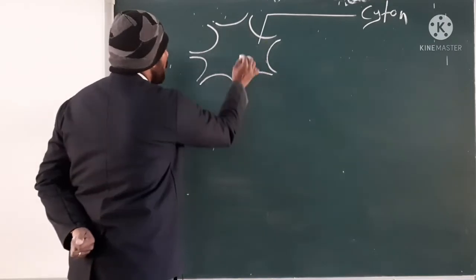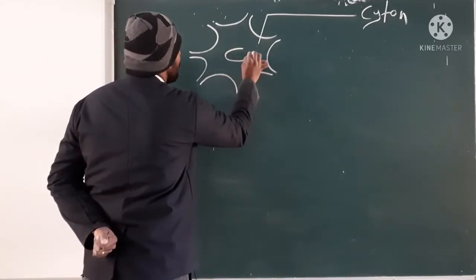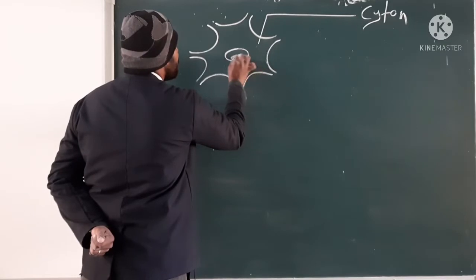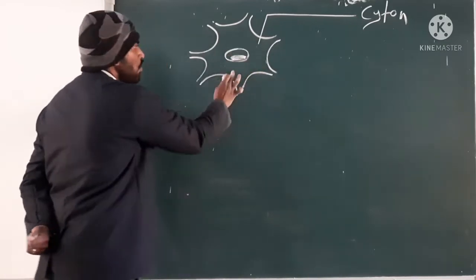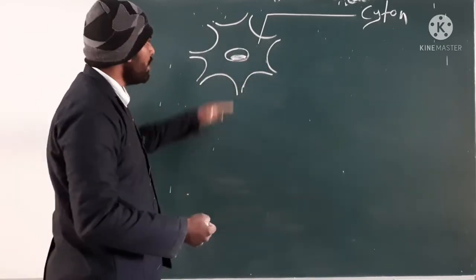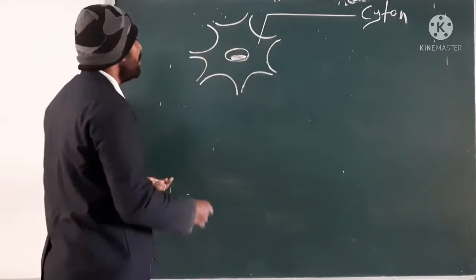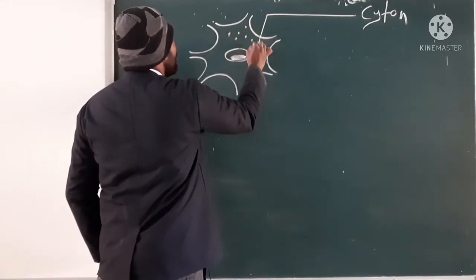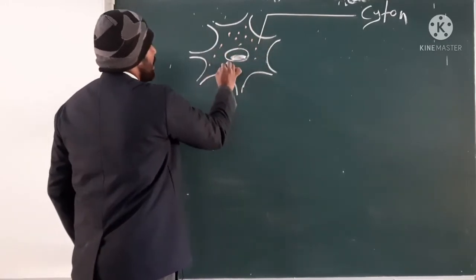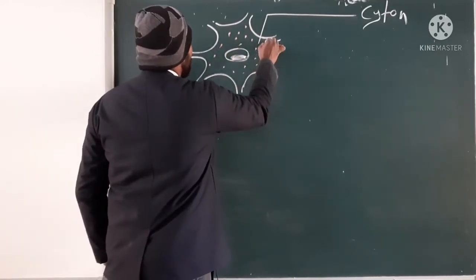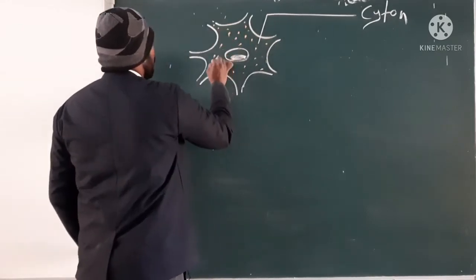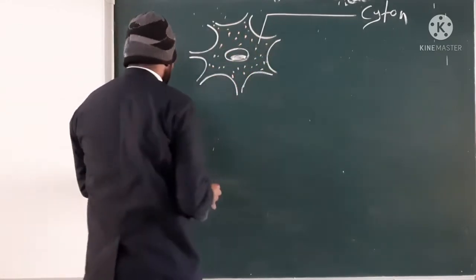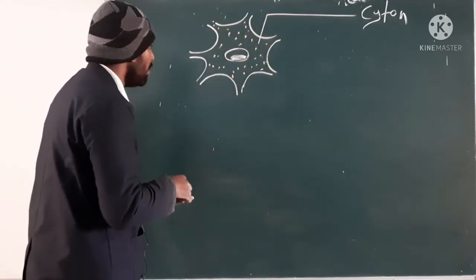This cyton main body contains the nucleus, neuroplasm, that means the fluid cytoplasm of this neuron cell, and it also contains Nissl's granules, these granular particle structures. Okay, so we have to draw this in that manner.